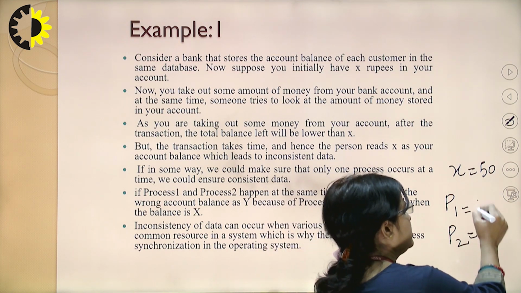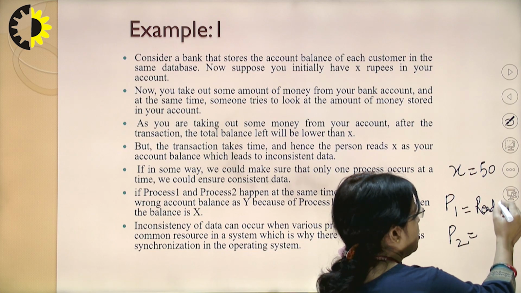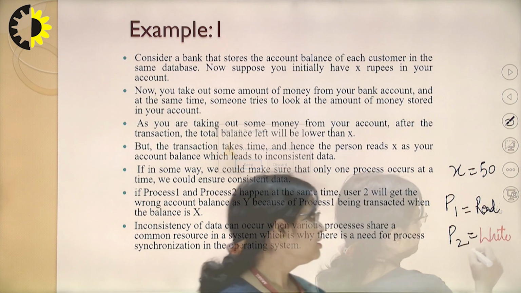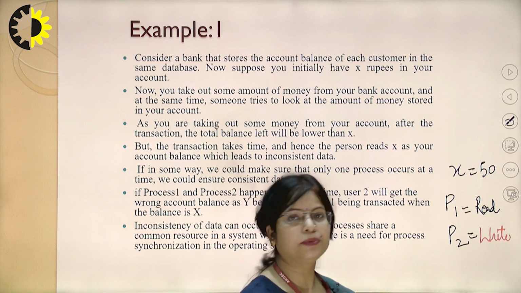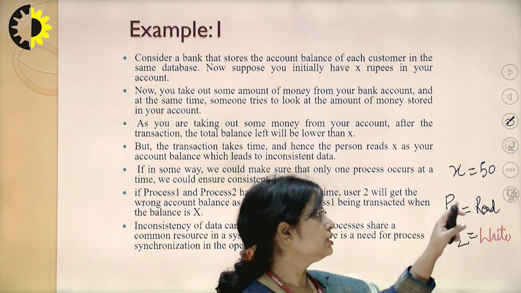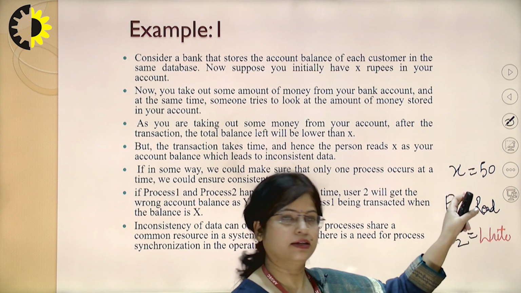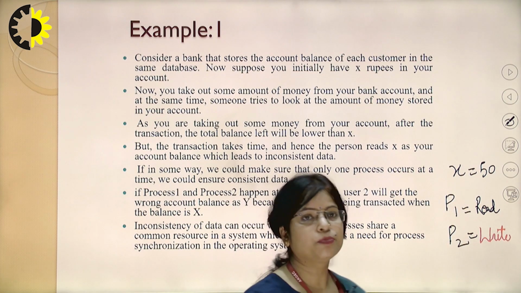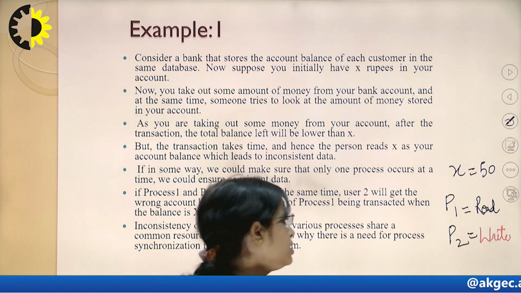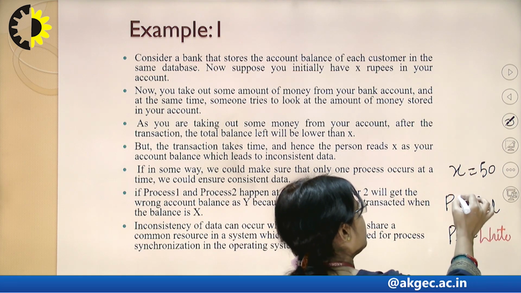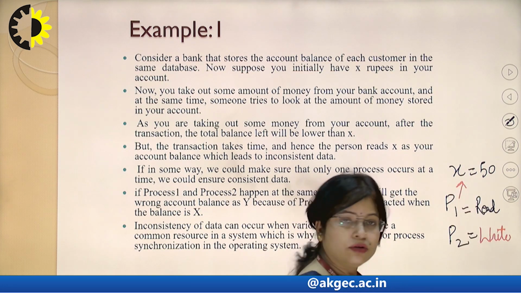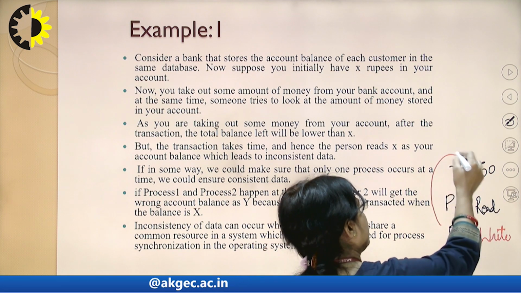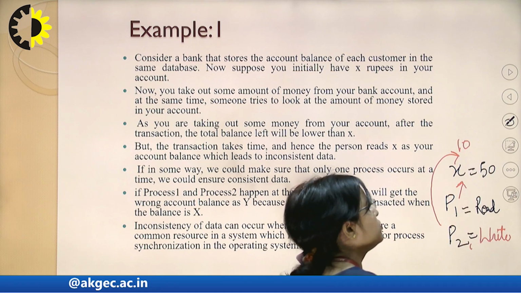When P1 is trying to read the balance, P2 tries to deposit some amount, like 10 rupees, to your account.